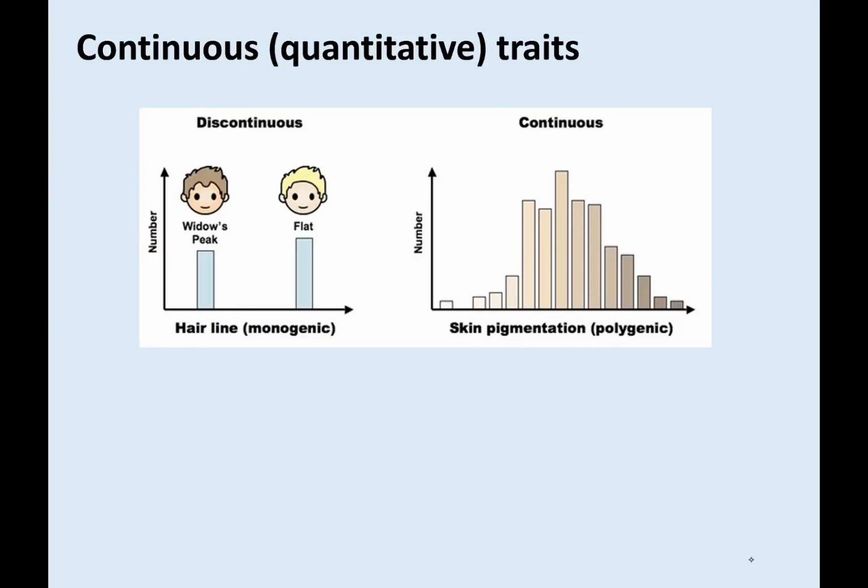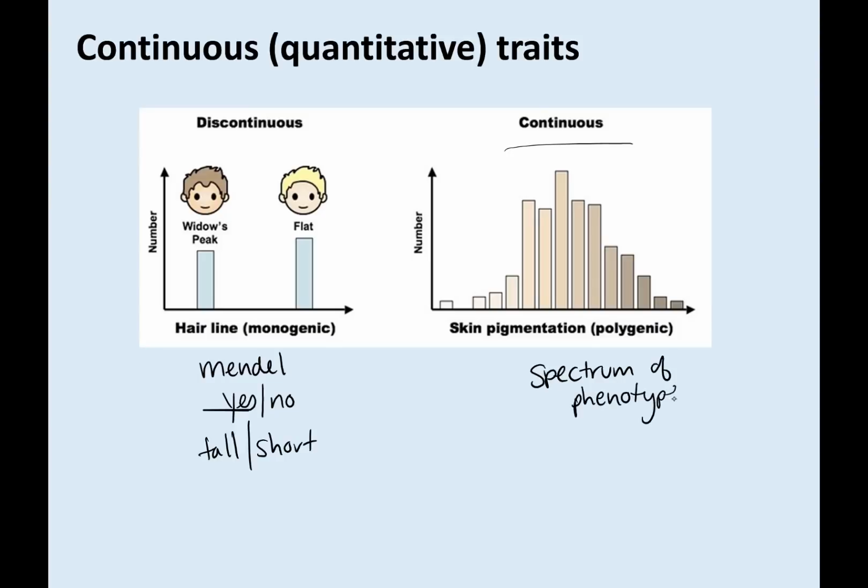We also have something called continuous traits or quantitative traits. So here's where we were looking with Mendel. It was kind of a yes, no, tall, short, purple, white. But continuous traits means that you have a spectrum of phenotypes.